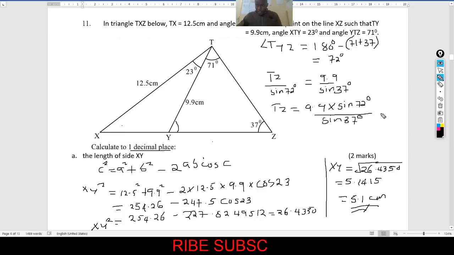You just press this in your calculator and it gives you 15.645. But we are asked for one decimal place. This 4 cannot change 6, so it equals 15.6 centimeters.